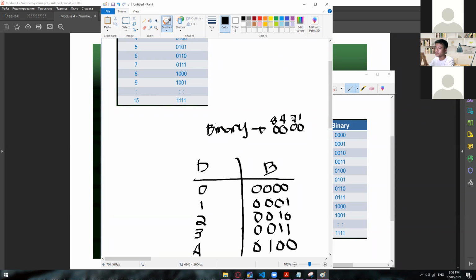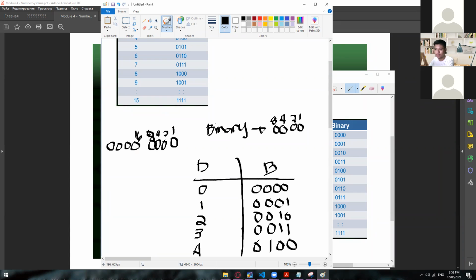So times 2 will give you 2, multiply it again by 2 will give you 4, multiply it again by 2 will give you 8. If you want 8 bits, this one is 1, 2, 4, and this one is 8. And then of course the next one is 16.